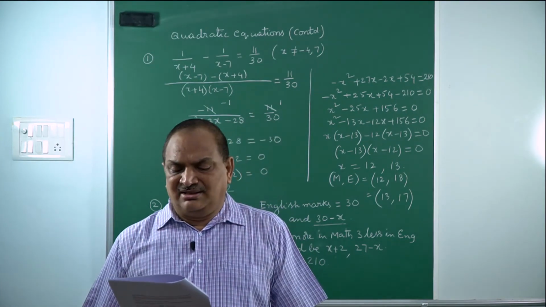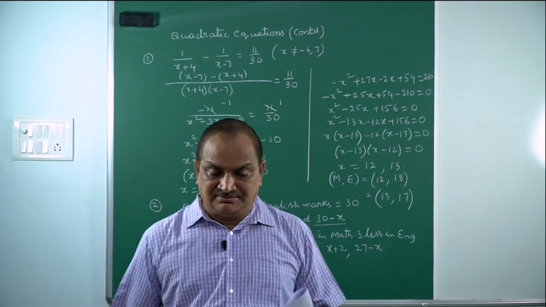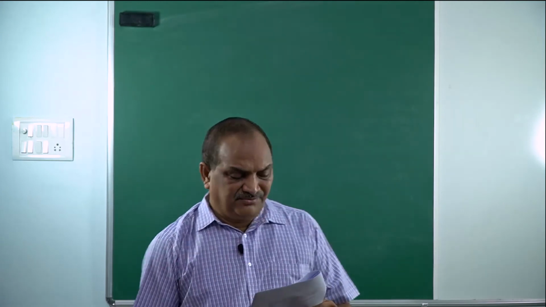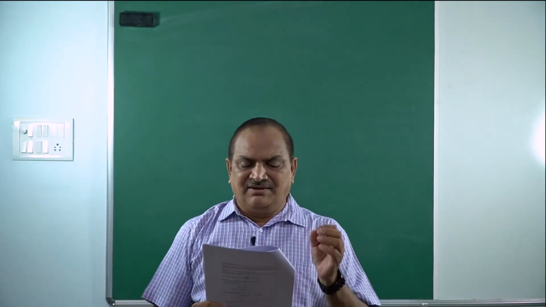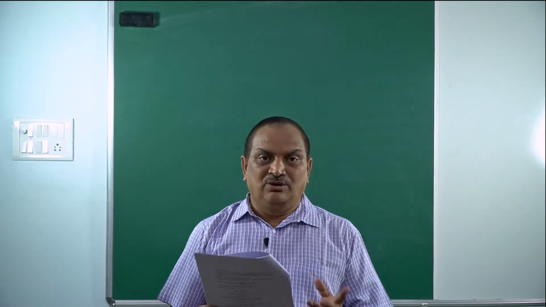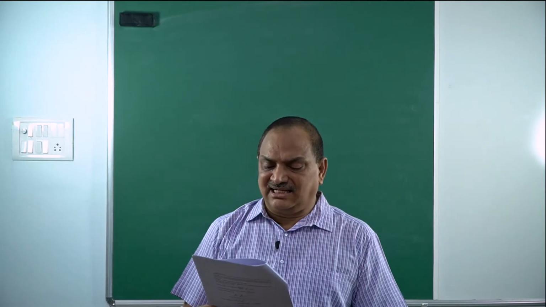And the next one, I do 7th problem. Okay, and let me clear this. Here, the difference of squares of two numbers is 180. There are two numbers and the difference of their squares is given as 180.